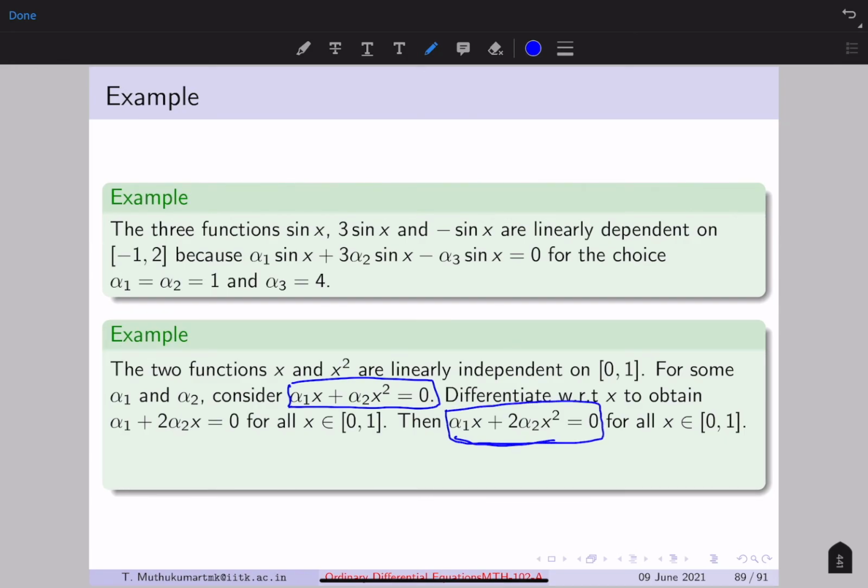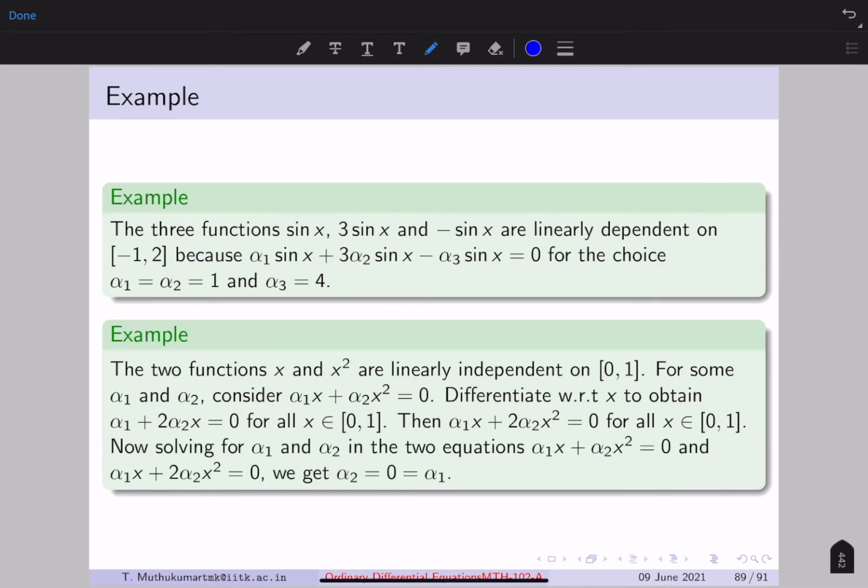Now you solve for alpha 1, alpha 2 from these two equations for all x in the domain. If you solve this, you can immediately see that both alpha 1 and alpha 2 have to be 0. That can happen only for alpha 1, alpha 2 equal to 0.